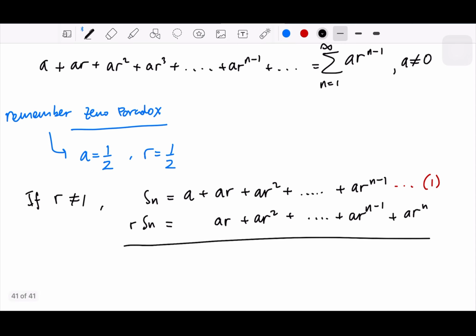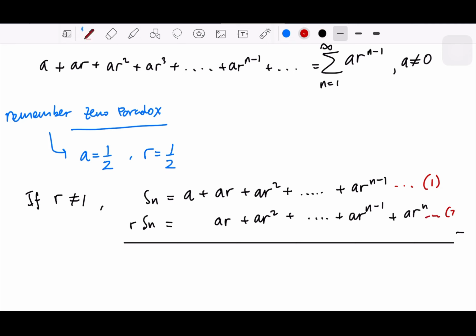So we subtract this. This is equation 2, so 1 minus 2. This will be subtracting and canceling all the middle terms. So we will have Sn minus R Sn, and this will equal A minus AR to the power of n.